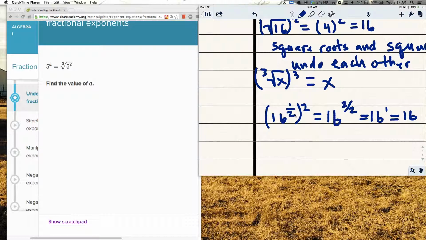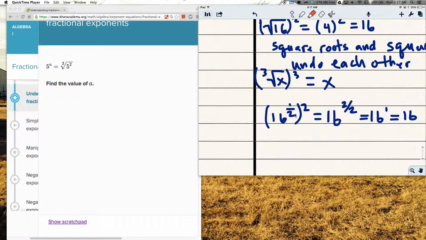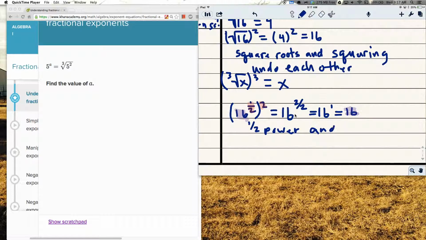So take a look at this. This is kind of weird, but I have this half power here, and I raised it to the second power, and I got my base, which is 16, back, which means that the 1/2 power and squaring undo each other.